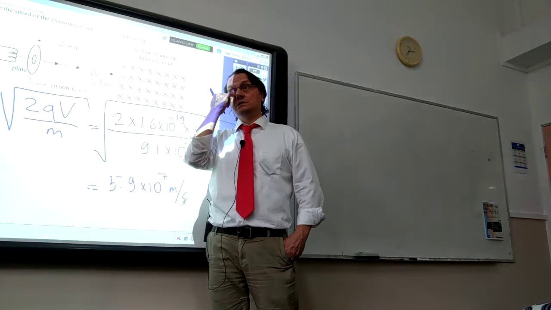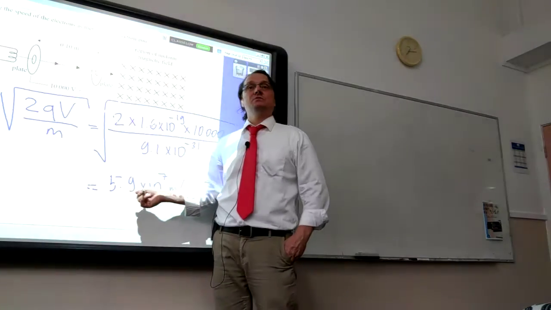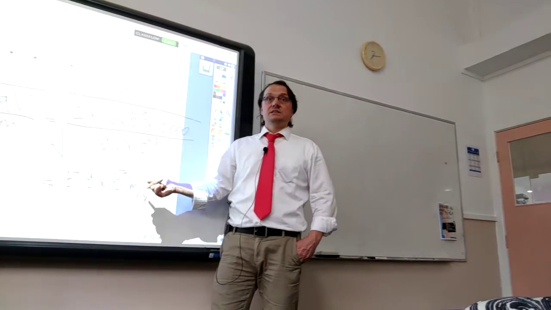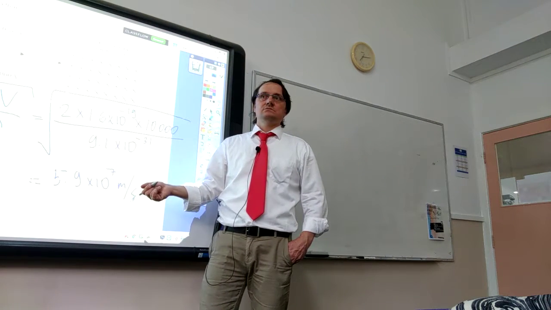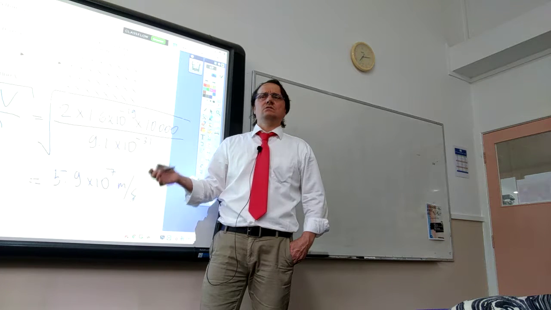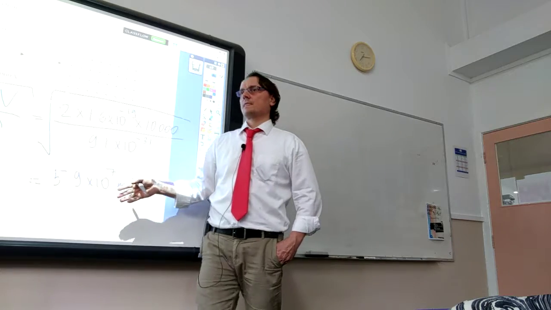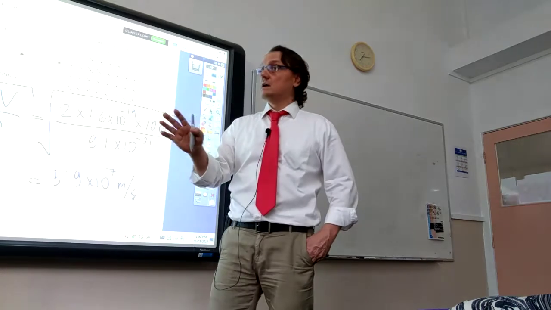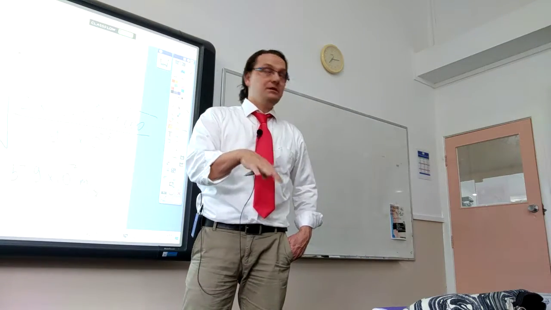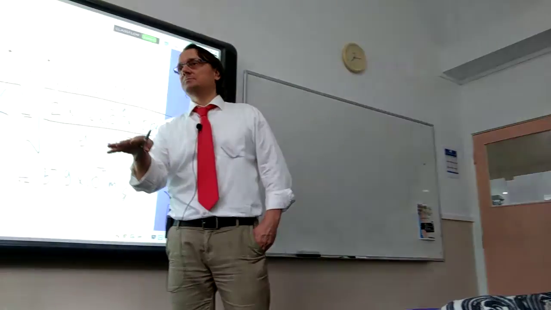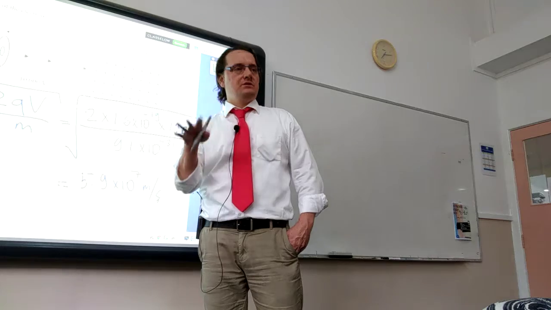It's almost 20% of the speed of light. Can you see? This is 20% of the speed of light. When we work it out, it should make sense. It shouldn't be more than the speed of light. It can be close to the speed of light, but it can't be the speed of light or greater than the speed of light.